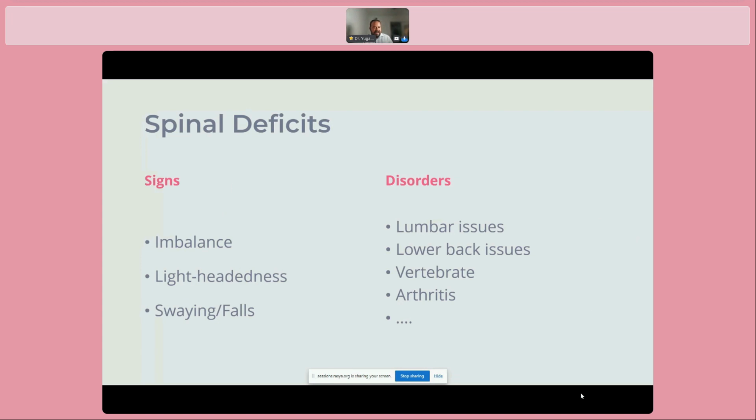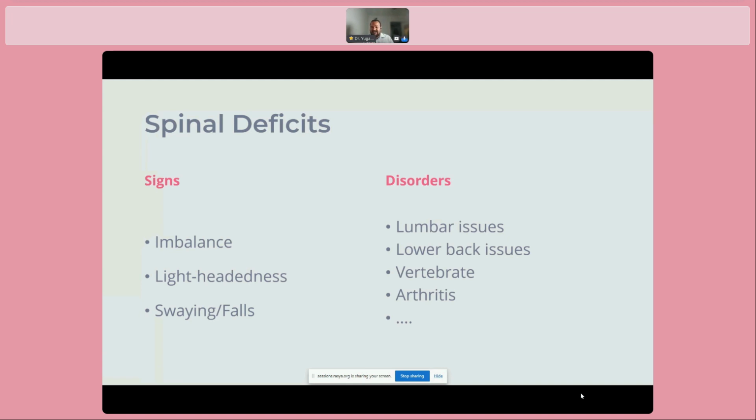The basic complaint could be imbalance. Some may feel like they're swaying or even about to fall. A few people actually do fall, and that could be very risky. Other common signs might be lightheadedness. And what are the common vestibular disorders, or rather not vestibular disorders, but spinal disorders that can result in these issues?